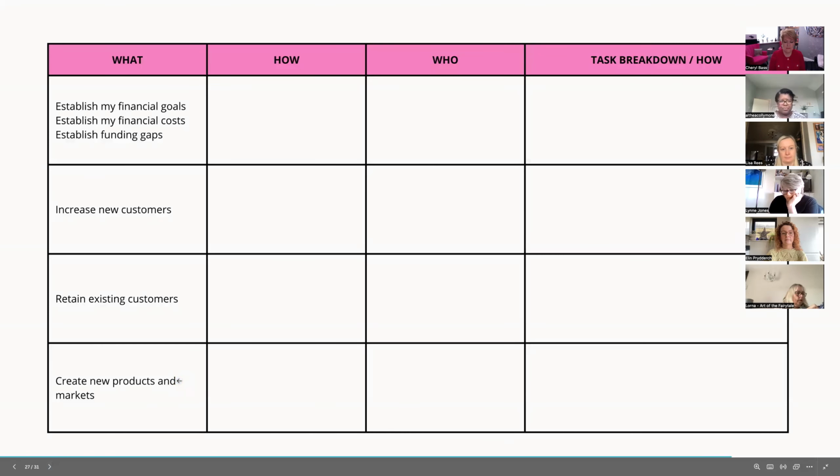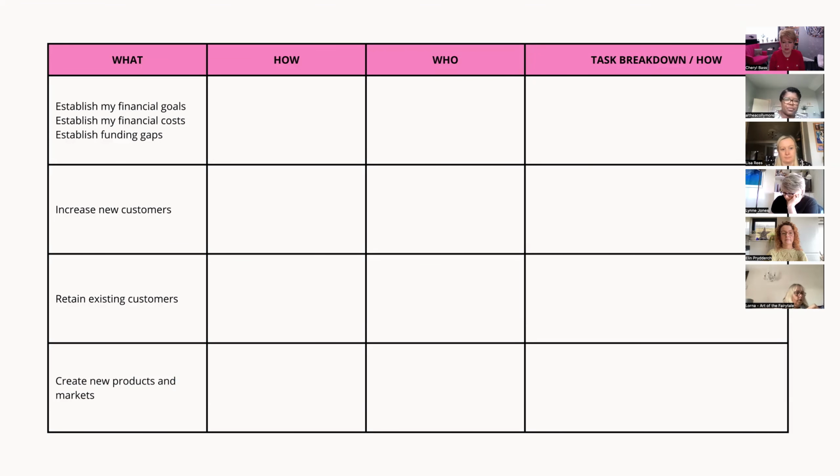So looking back at the work we did with Rachel just before Christmas, she became really clear about what her financial goals were for this plan. If you're working on multiple businesses, obviously each business will need its own plan, because this is almost like a plan and checklist.